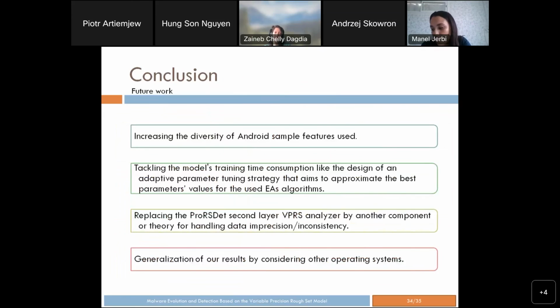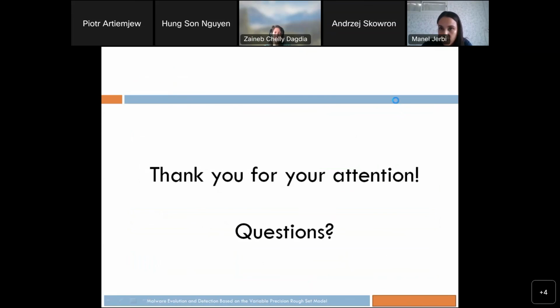As future work, we propose to increase the diversity of the usage features, to design an adaptive parameter tuning strategy to improve the execution time, to investigate other theories to handle data imperfections, and finally to generalize our results to other operating systems. And thank you for your attention.